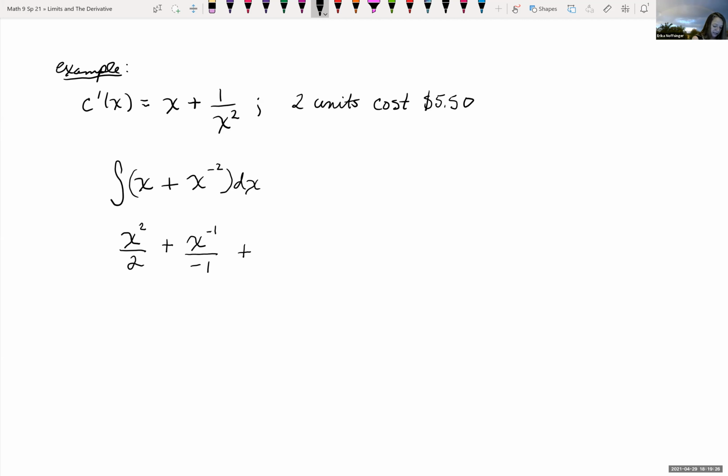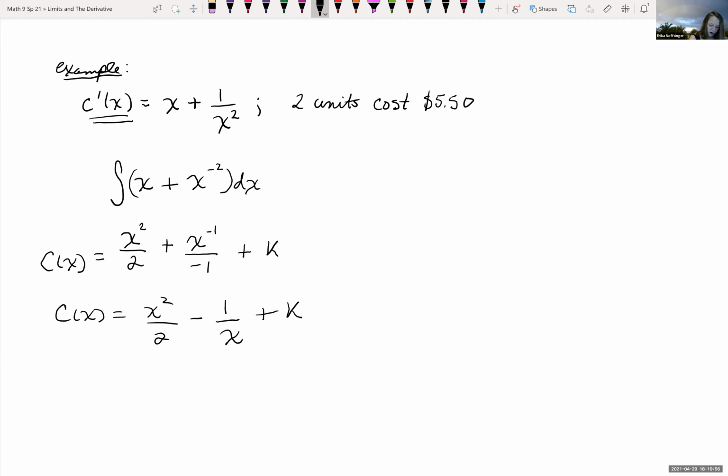Let's actually call it k, because our function is in terms of c, so we don't get confused. So right now, we found that our cost function is equal to x squared over 2 minus 1 over x plus k.